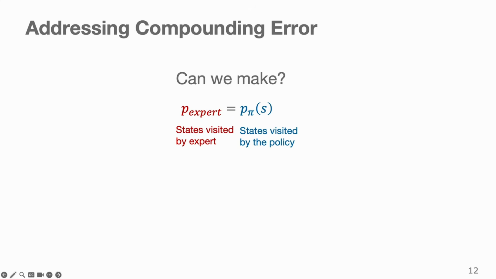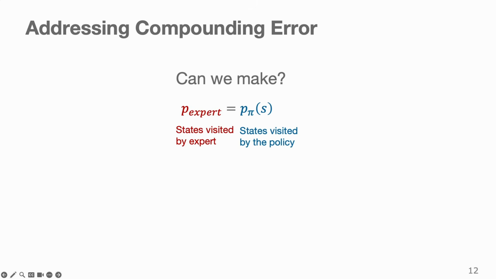So we've mathematically seen that behavior cloning error is not linear, but quadratic, when it starts drifting from the distribution of the states the expert showed. So the question is, how can we fix this?